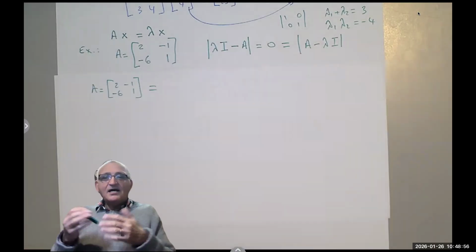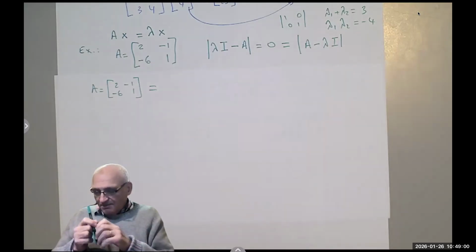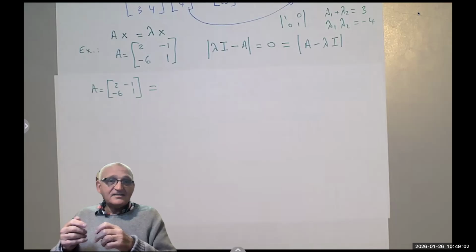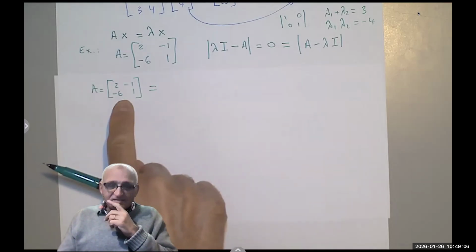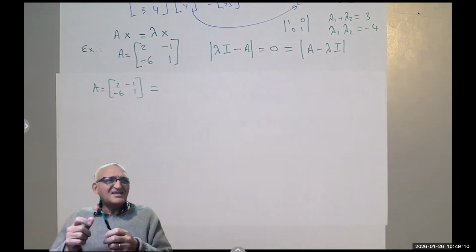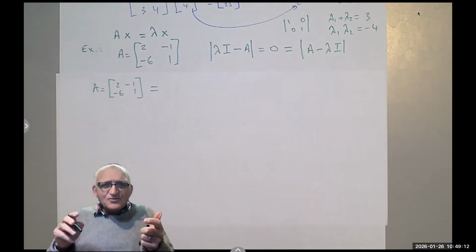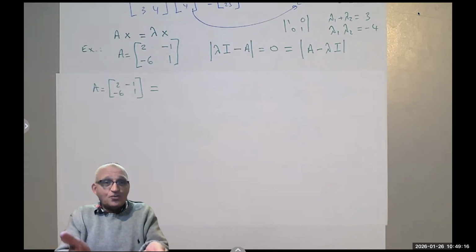Later, I will prepare a session for that. For example, I tell you, what if I take this matrix and I want to find its square root? Can you find the square root of a matrix? Absolutely.